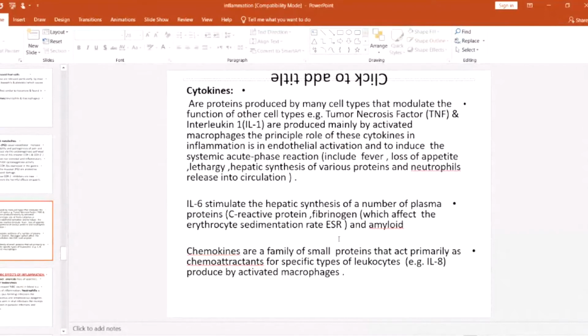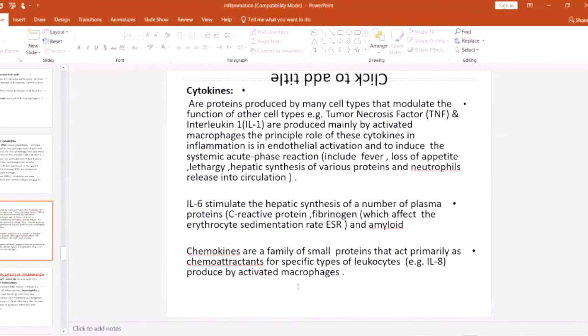The last one is interleukin 8. Interleukin 8 is important in chemotaxis. This will direct the movement of inflammatory cells to the site of stimulus. Interleukin 8, the chemotaxis one, is important for the movement of white blood cells to the site of injury. Let us make a summary. Students, cytokines are an important topic.